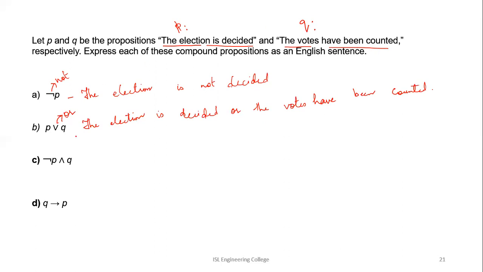Next, the next example is given as negation of P and Q. So negation of P we have already done is the election is not decided, and is our conjunction which denotes and. So over here the election is not decided and the votes have been counted.